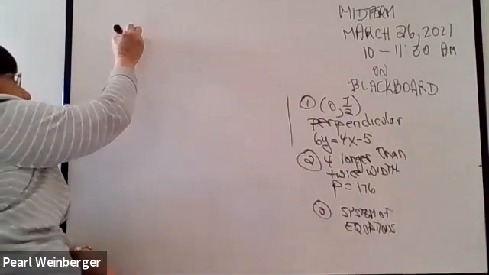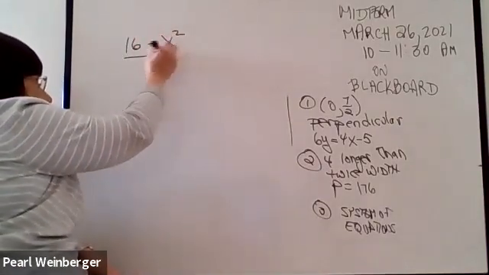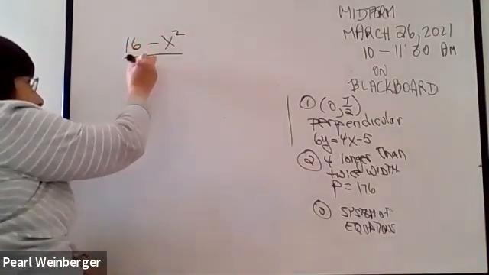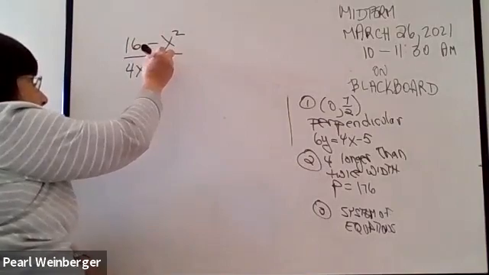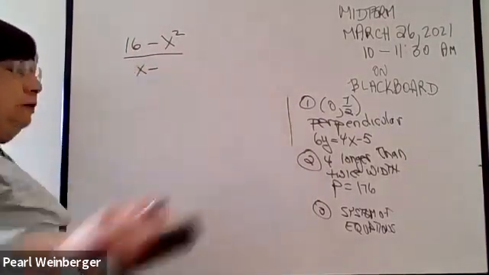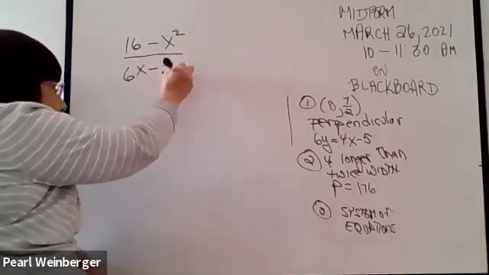Let's say I had 16 minus x squared over 6x minus 24. I'm sorry, I'm trying to get almost the same question.